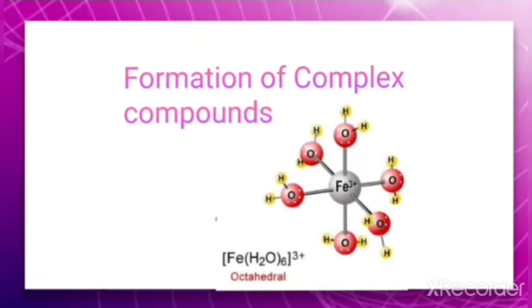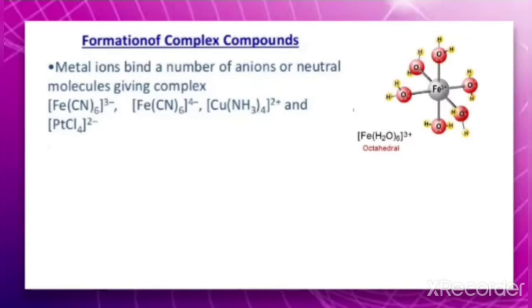Next property, that is formation of complex compounds. Metal ions bind a number of anions or neutral molecules, giving the complex. As we have already come across complexes in different examples, where a transition metal acts as the central metal ion, and anions or neutral molecules bind with it.